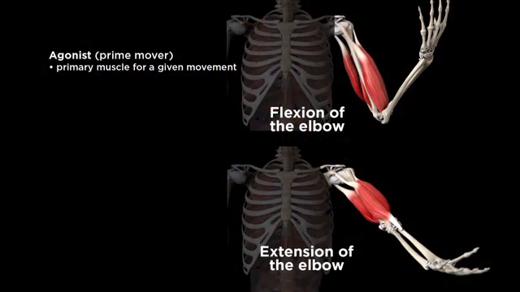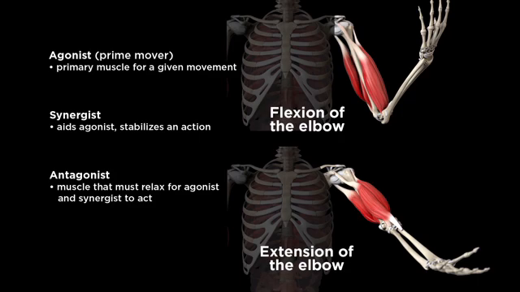And here we should also talk about how muscles work in groups. The main muscle that causes a given action is called the prime mover or agonist for that action. And a muscle that assists in a given action is termed the synergist for that movement. A muscle that must relax in order for a prime mover and its synergist to act is called the antagonist to the given movement.